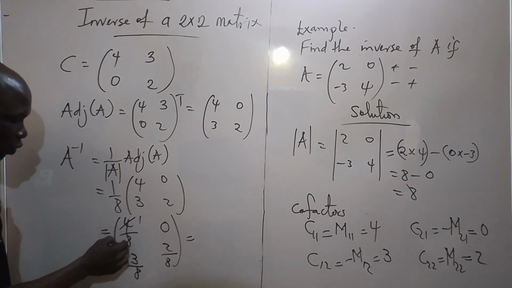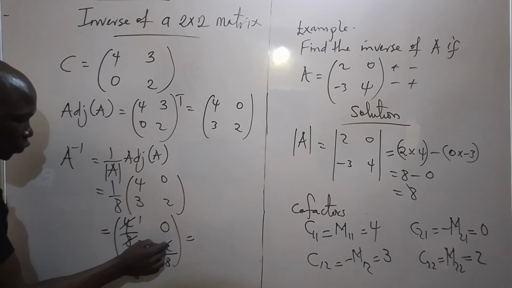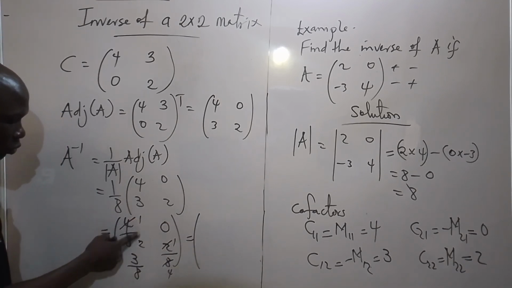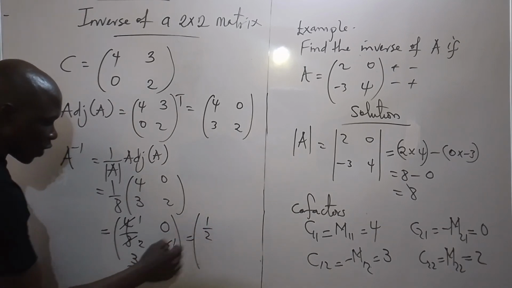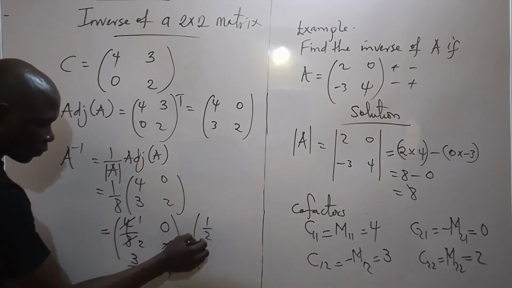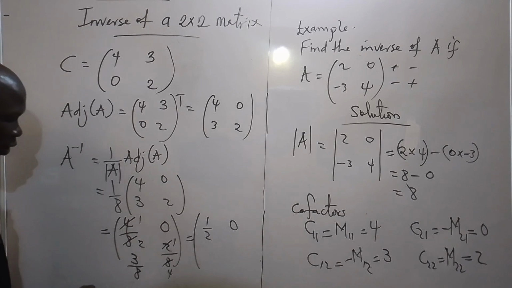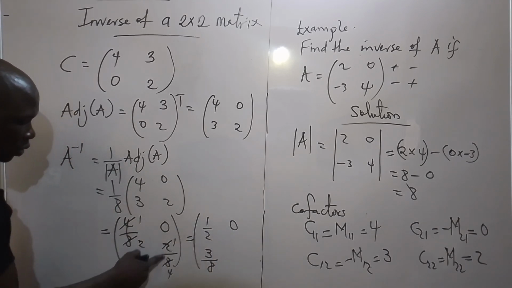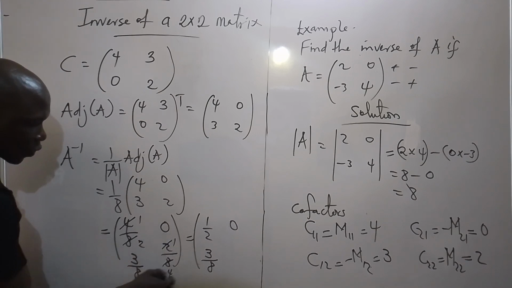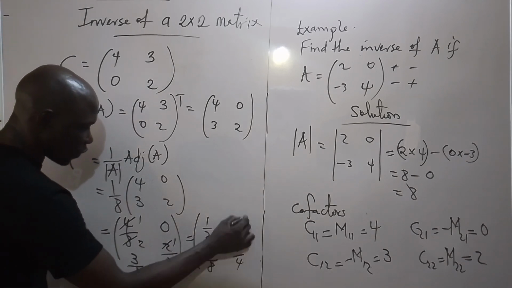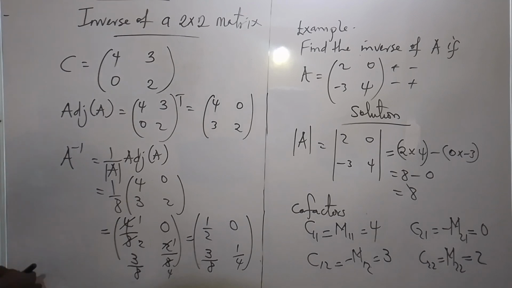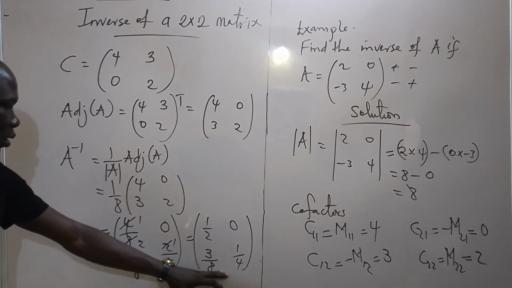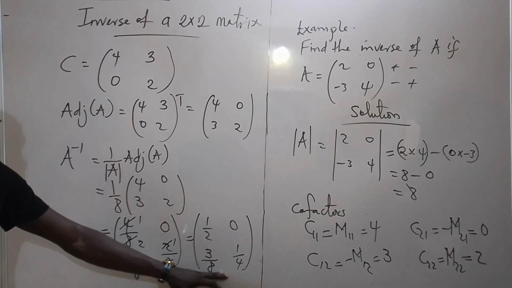So 4 over 8 becomes 1 over 2, 0 stays 0, 3 over 8 stays, and 2 over 8 becomes 1 over 4. So this is how we can find the inverse of a 2 by 2 matrix.